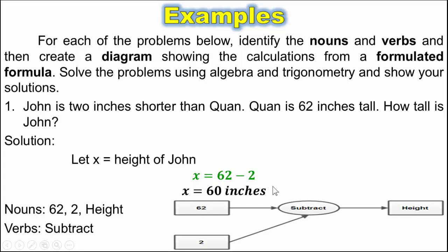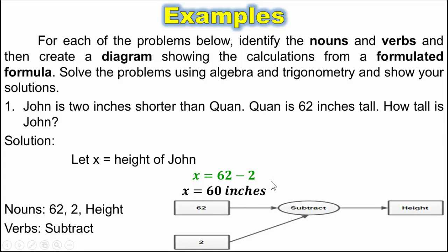Therefore, the diagram consists of nouns such as 62 and 2 that are used by the operation subtract. The operation subtract produces the height. And this diagram was derived from the algebraic expression x is equal to 62 minus 2.